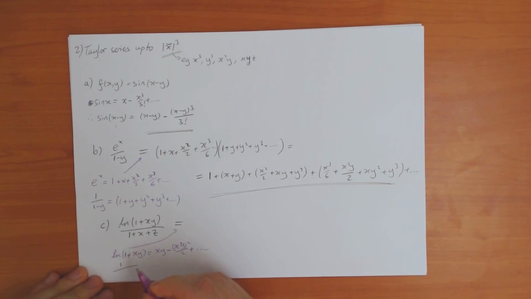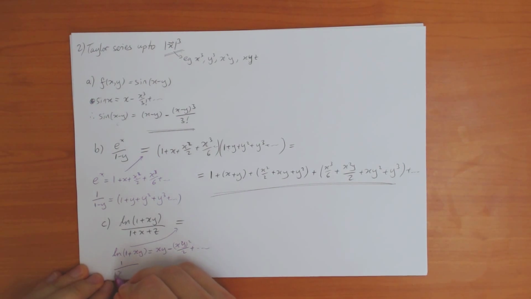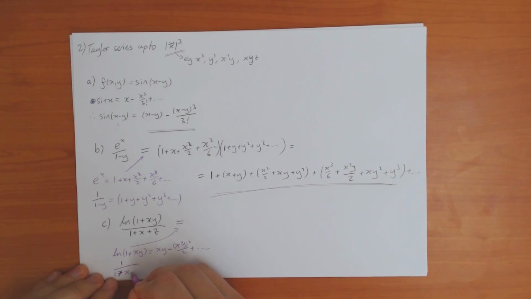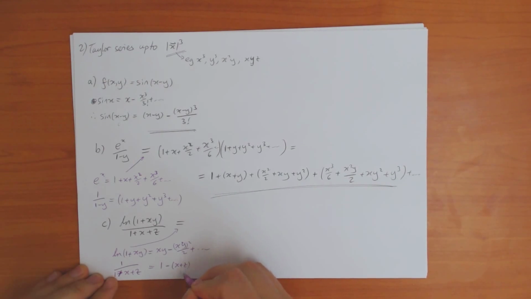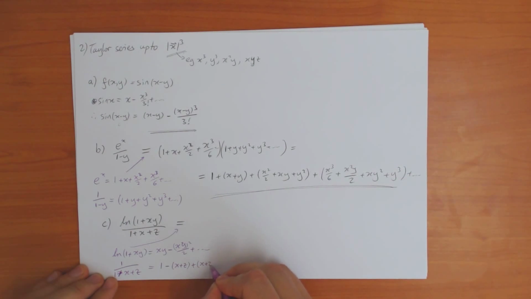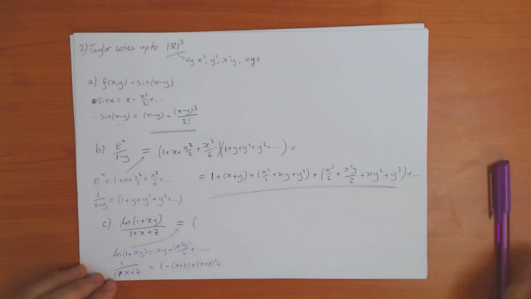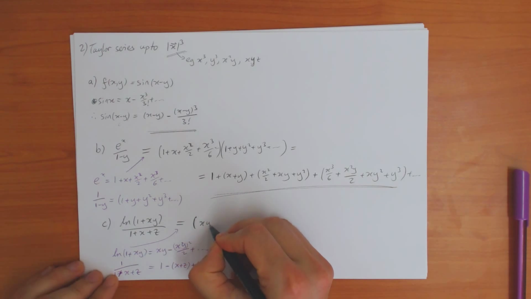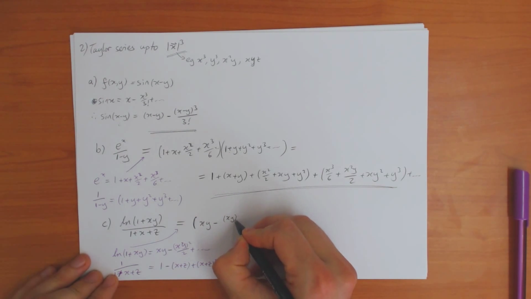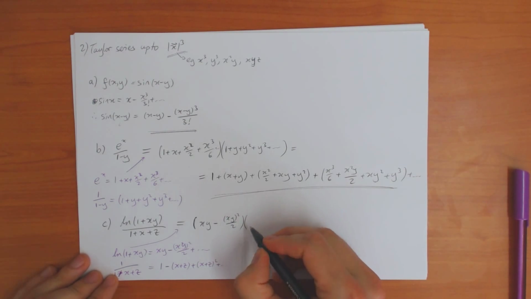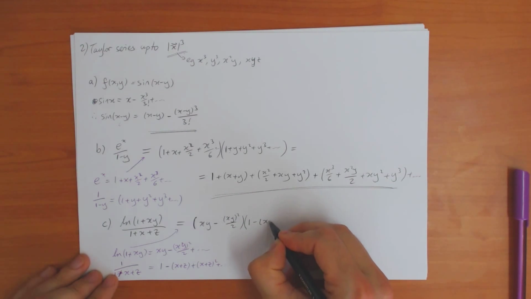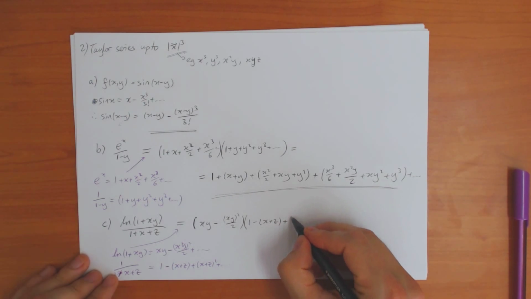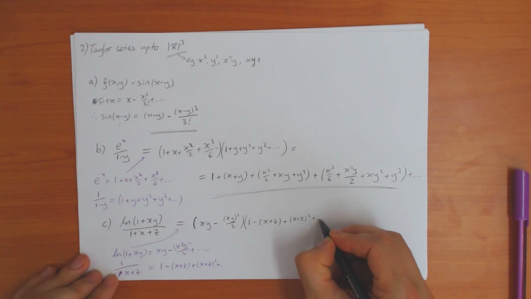And then you've also got 1 over 1 plus x plus c. This is 1 minus (x plus c) plus (x plus c) squared, and so on. So you have to multiply those together. xy minus (xy) squared over 2 times 1 minus (x plus c) plus (x plus c) squared, and so on.